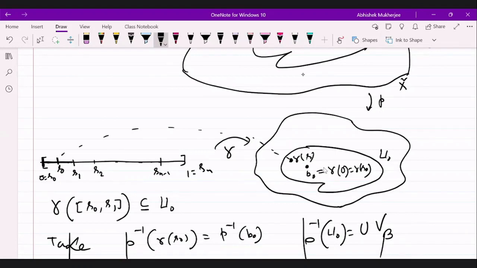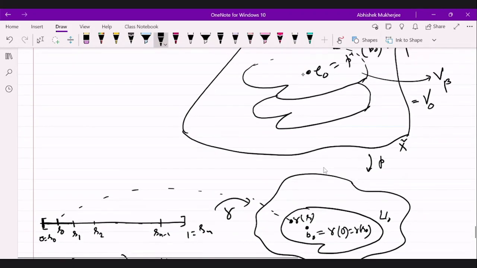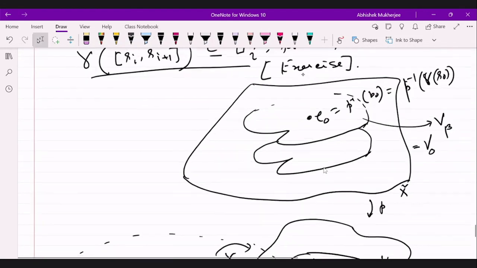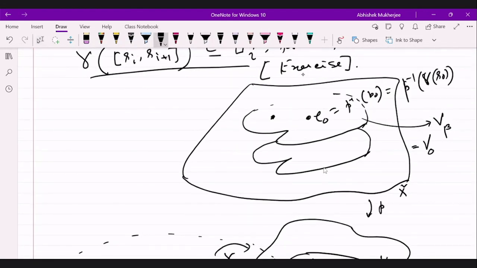And this gamma s will be carried forward to that slice V0 via the inverse map, P restricted to V0 inverse. That means you are getting some point here, which is P restricted to V0 inverse of gamma s.